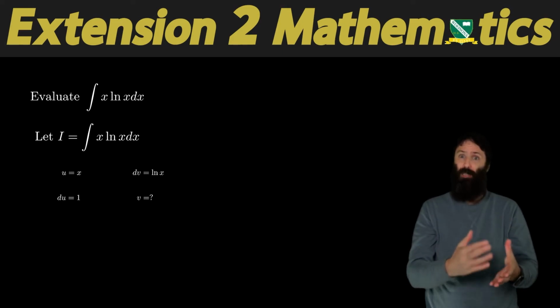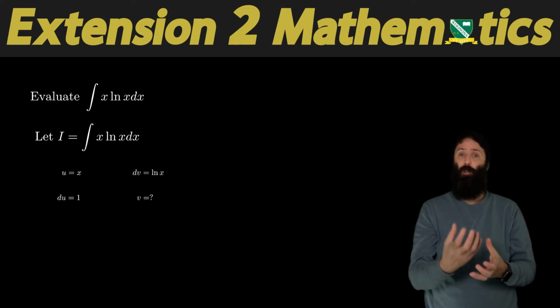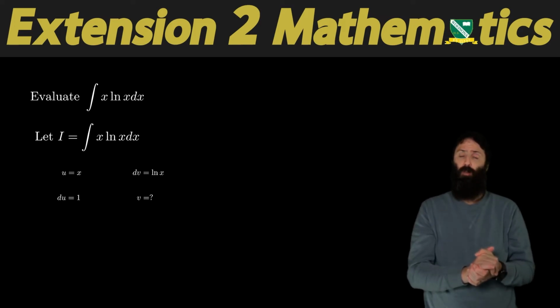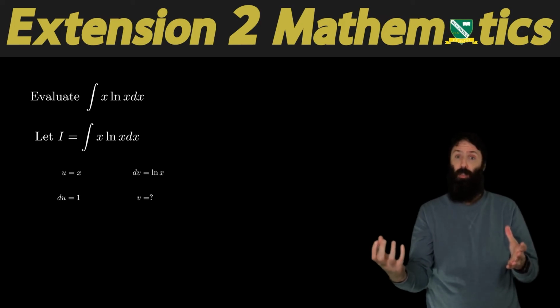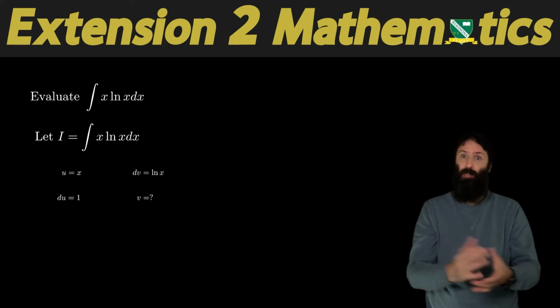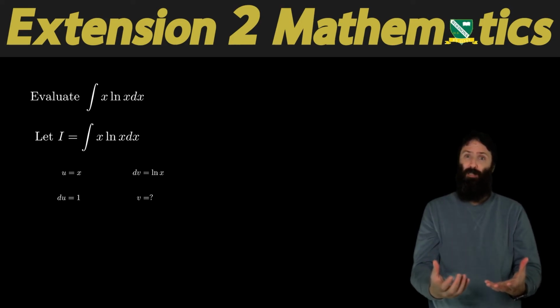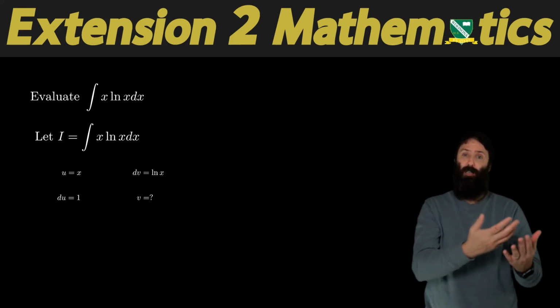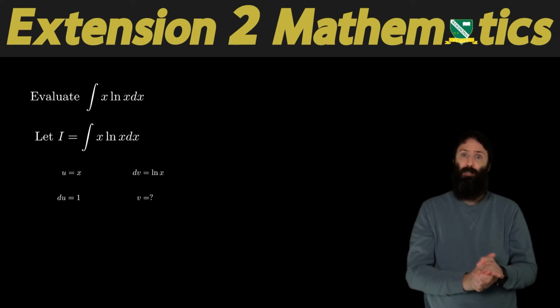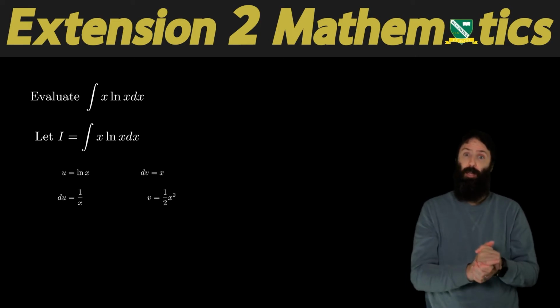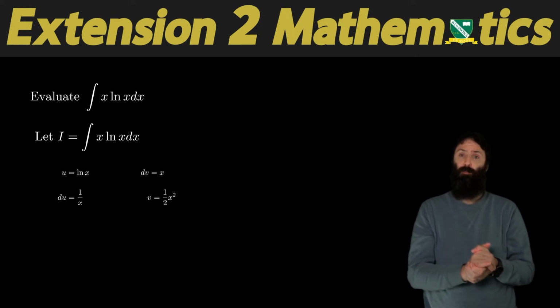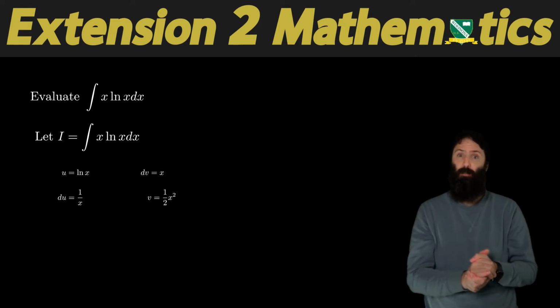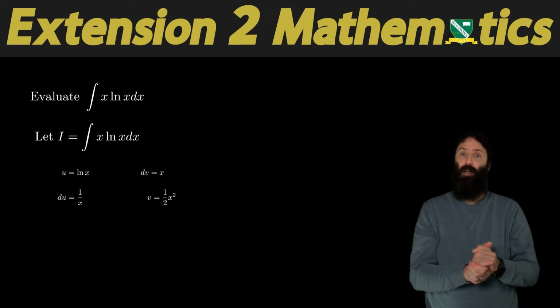So there are exceptions to choosing the polynomial as u. As long as the other thing can be integrated, then it's fine. But in this case, we can't do that. So we've got no choice but to try the other way around. We're going to set u equal to log x. So if I set u equal to log x, then du is 1 on x. And dv, we said that was x, therefore v is a half x squared.